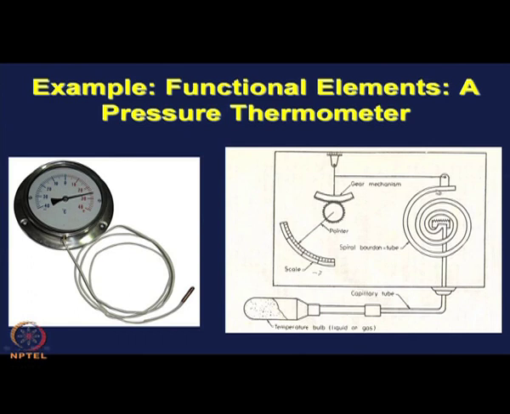So, the tip of the Bourdon tube will deflect, and that deflection will depend on how much pressure has been transmitted through this tube to the Bourdon tube. So, this tip deflection will cause a movement of this pointer against this scale, which is being magnified by this gear and linkage system.